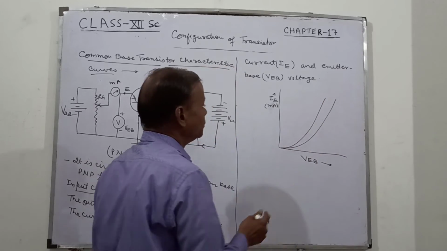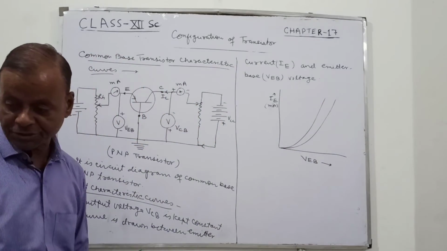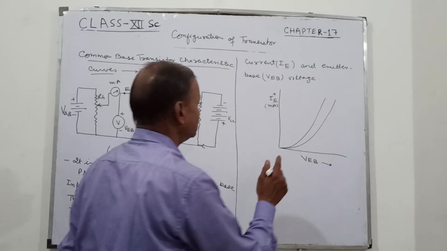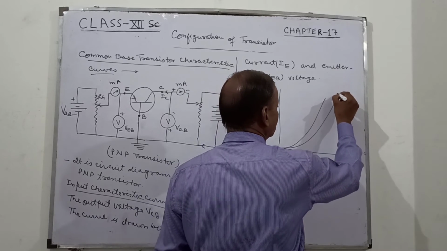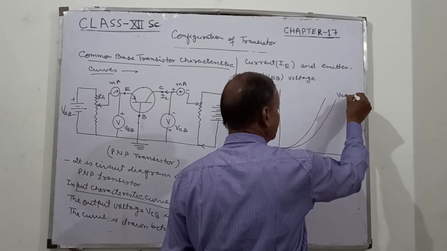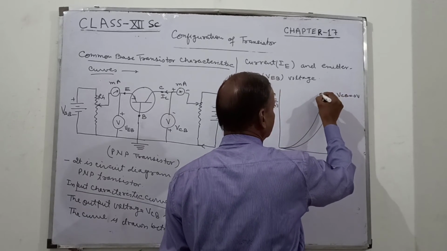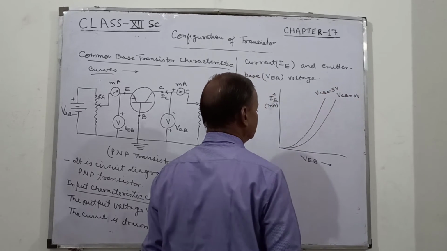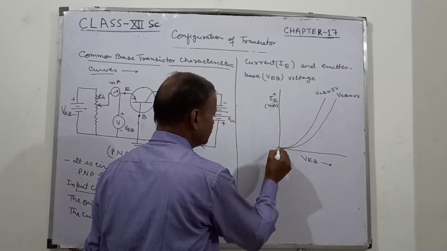This is when VCB is kept constant. Suppose VCB is at 0 volts and then it is minus 5 volts. VCB equal to 0 volts. Here VCB equal to 5 volts.